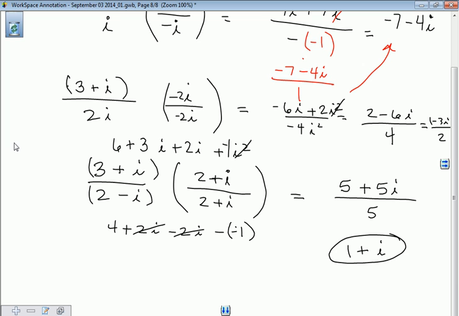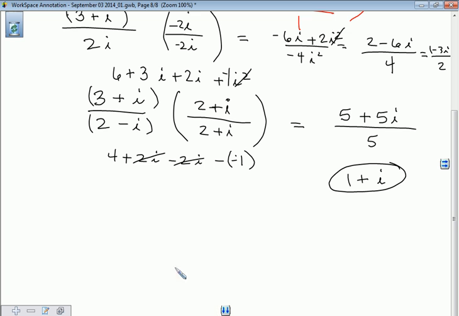Okay, we're going to do one more together, and then that'll be it for today. So let's do this one: 5 plus 2i over 3 plus 6i. Do you want to try it? Yeah. You try it, and then I'll show you all the work in just a second.